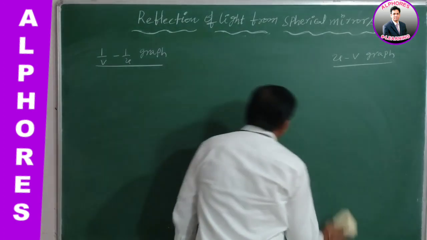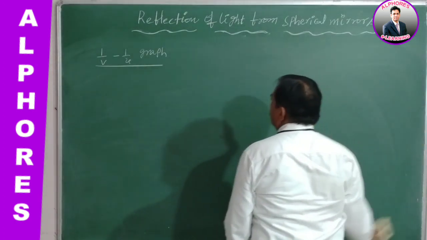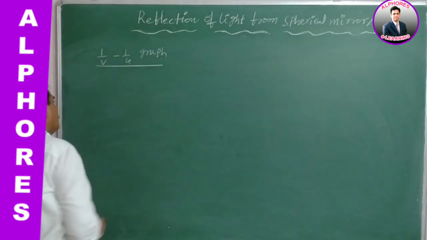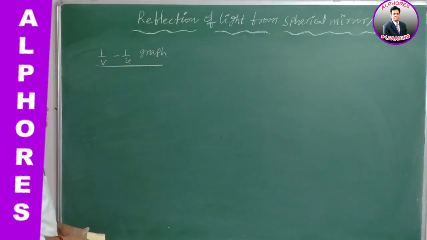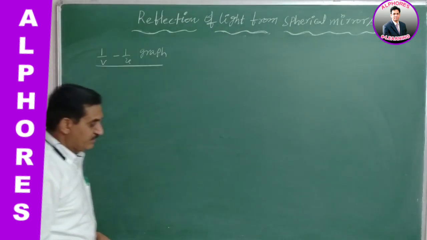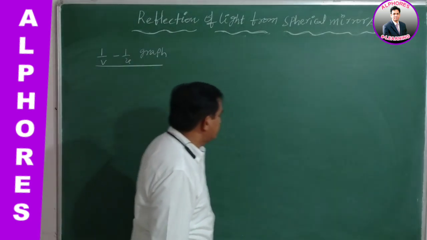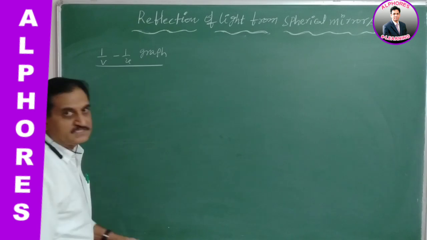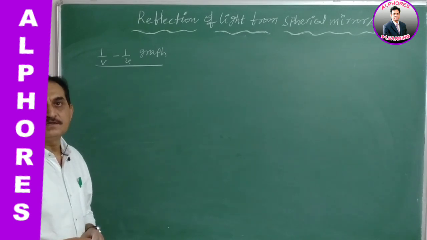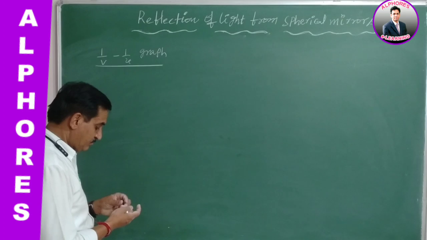While plotting the graph between 1 by V and 1 by U for a concave mirror, there are two possibilities. Two cases are possible in the case of a concave mirror.